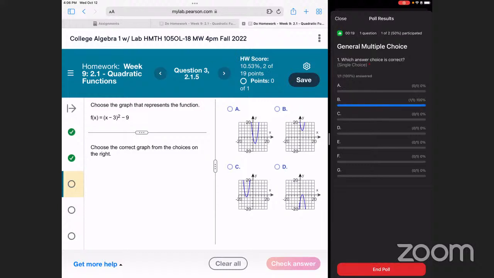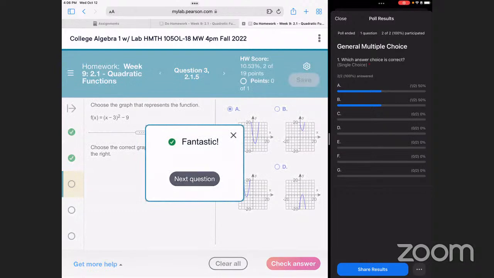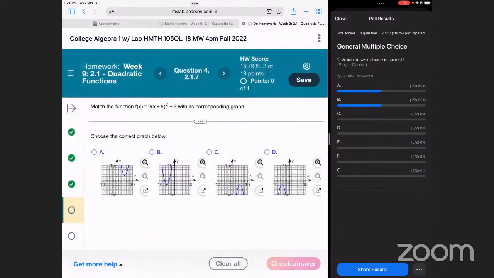There's a vote for B. It's not B, because we're going right 3 and down 9. So it should be A, because B went the wrong direction. Okay, let's see what we got next. Let me relaunch the poll.